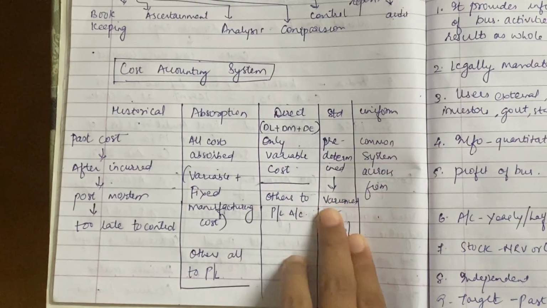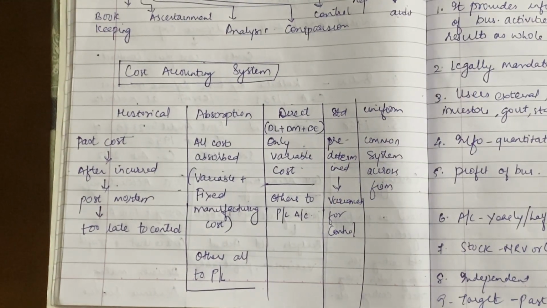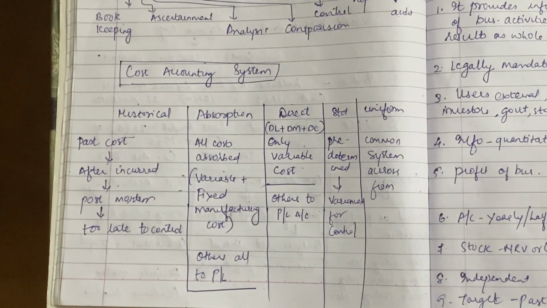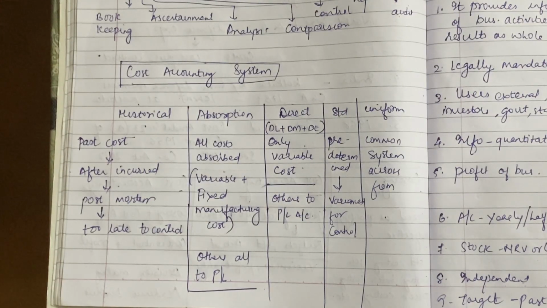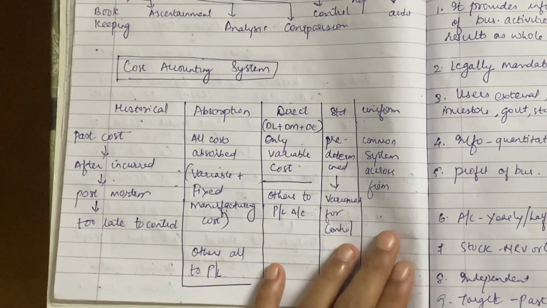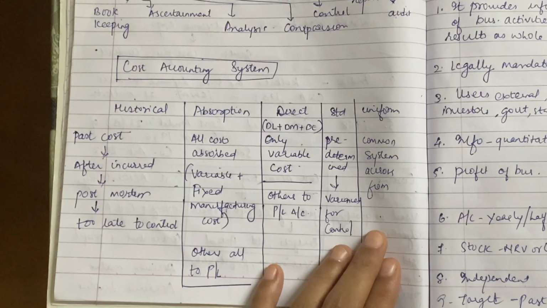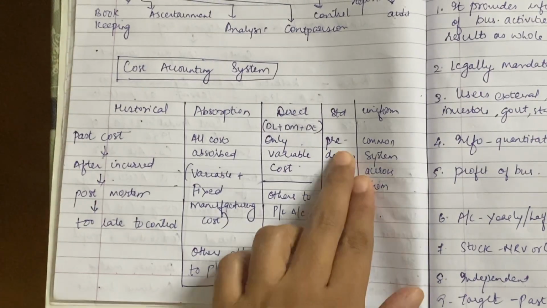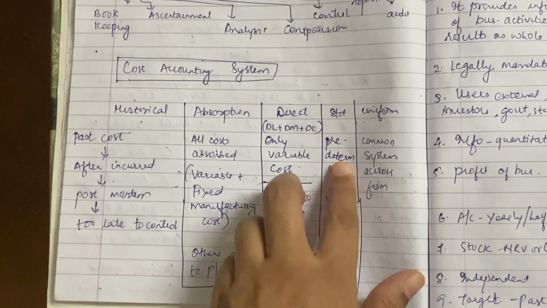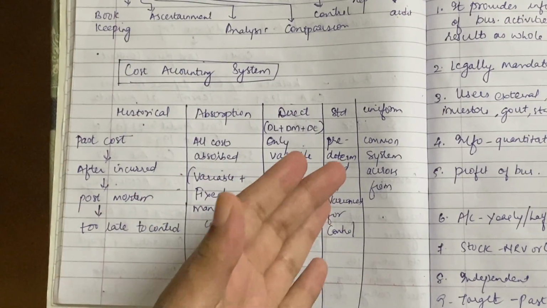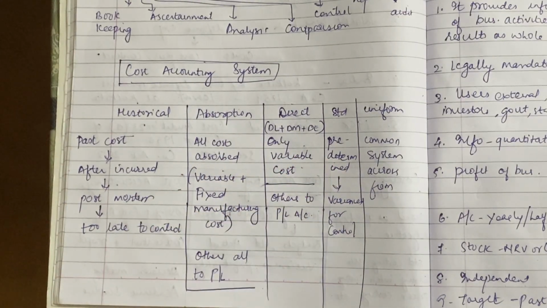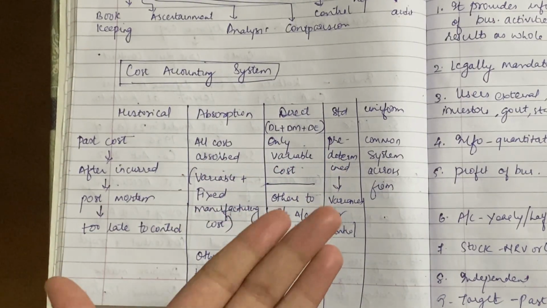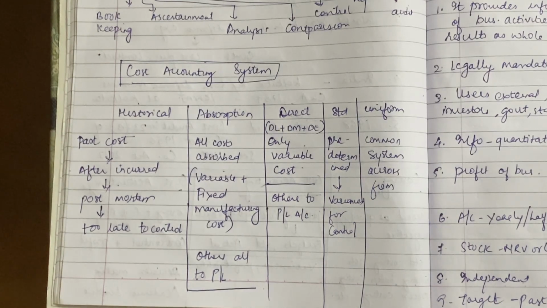Now standard costing. Standard cost refers to a predetermined cost. We already have a calculated predetermined cost, how much the cost would be for manufacturing a product, and if there is any variance in the actual cost which has been incurred, that way of costing is known as standard costing, where variances are measured and which are very helpful for control.